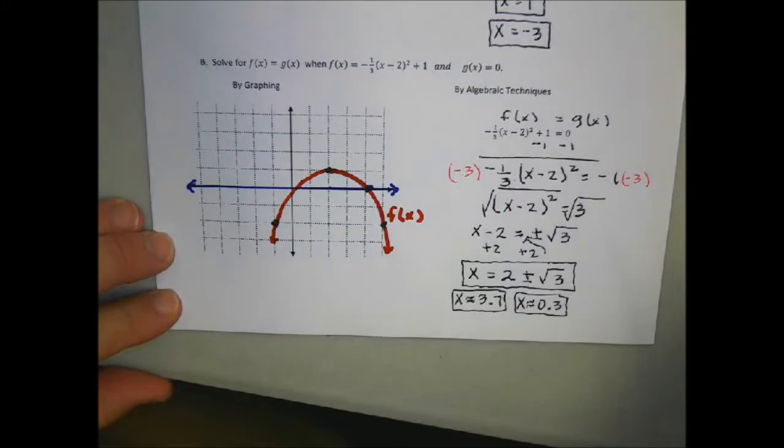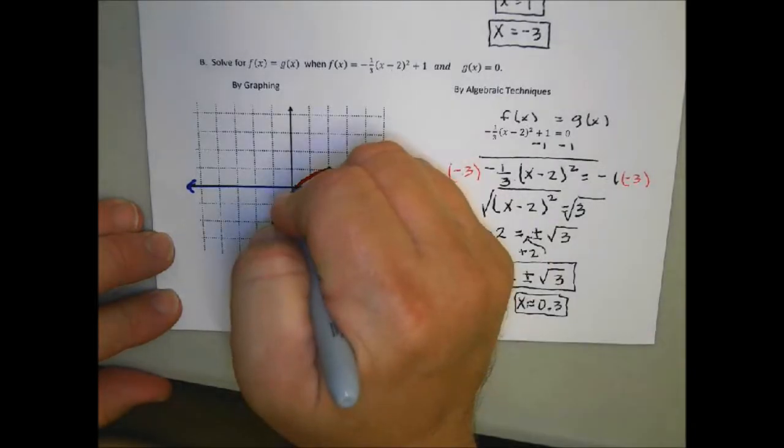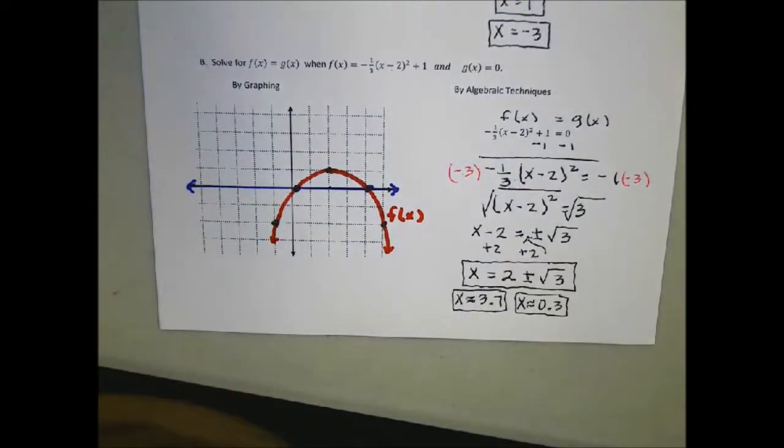There's g of x equals 0, and here's where our intersections are. That's my best idea of sketching this.